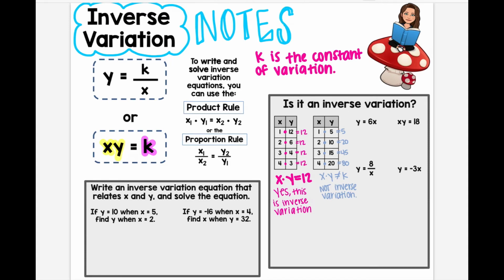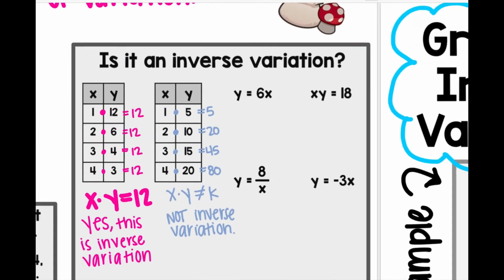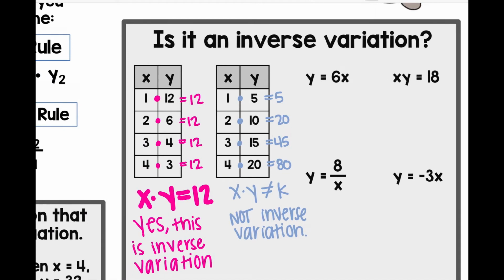To determine if an equation is an inverse variation, we simply need to know if that equation can be written in the form y equals k over x, or if it can be written in the form x times y equals k. Let's look at these examples together.